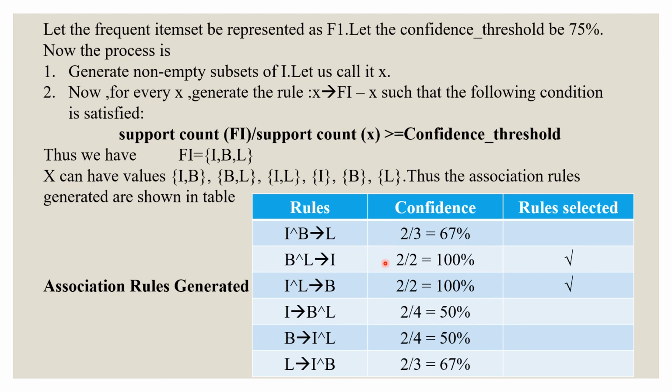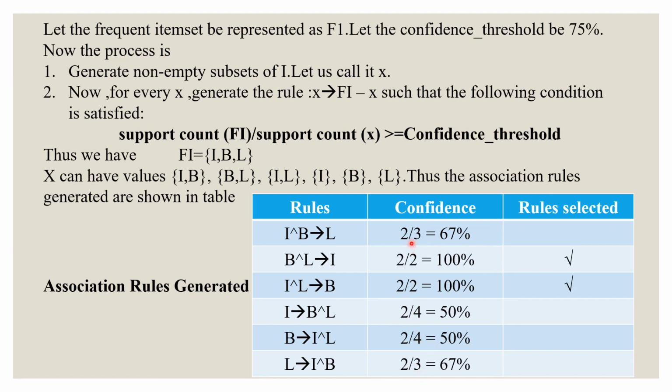The numerator is written as 2 because we have taken the threshold value as 2. The denominator depends on these values: how many times each has occurred in the table. IB has occurred 3 times, BL 2 times, IL 2 times, I value 4 times, B value 4 times, L value 3 times.